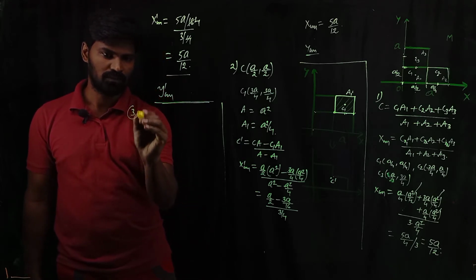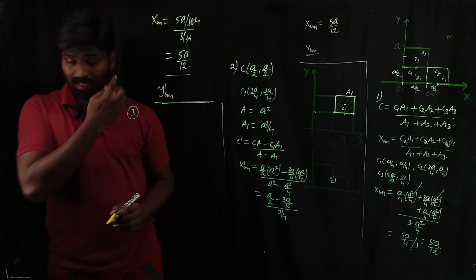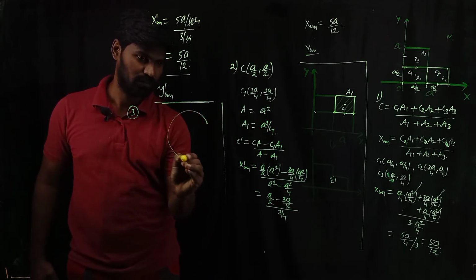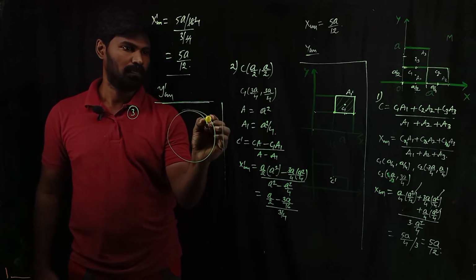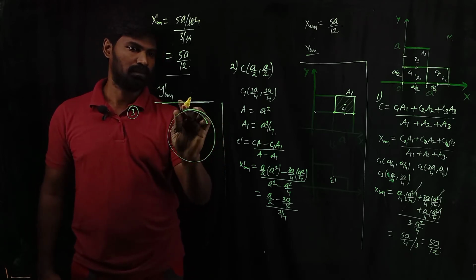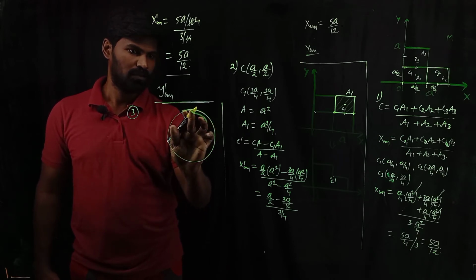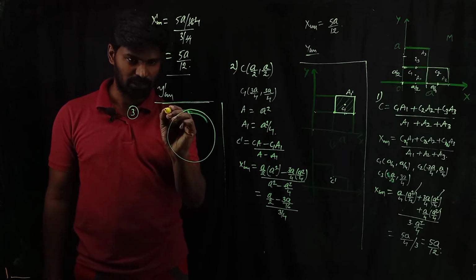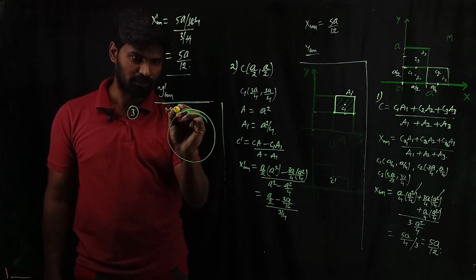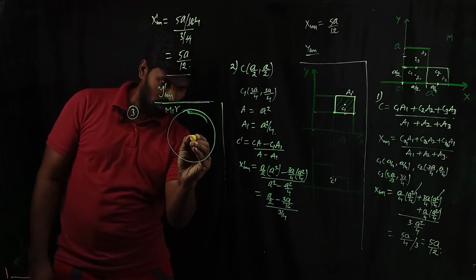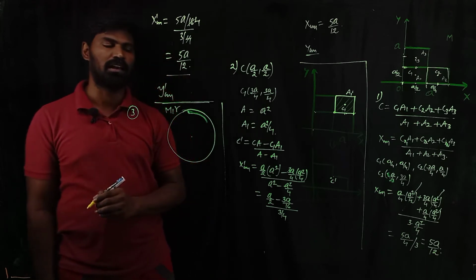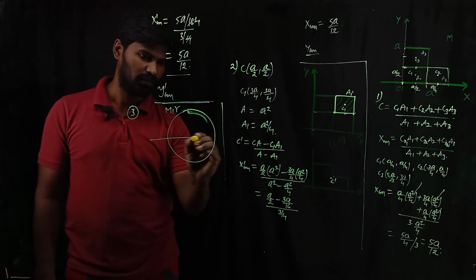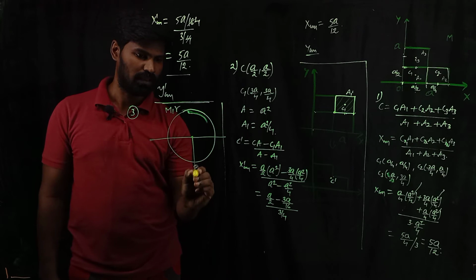What I am doing is considering a disk, of mass M and radius R. What is the location of its center of mass? By symmetry, I can say that it will be exactly at the center only. So I am taking this as the x-axis and this as the y-axis.